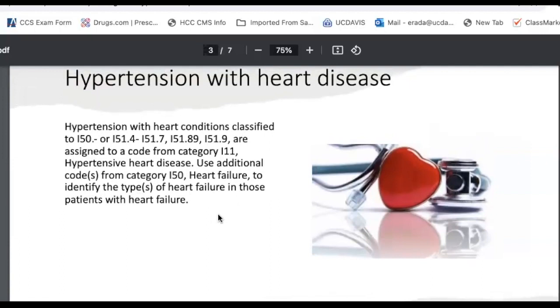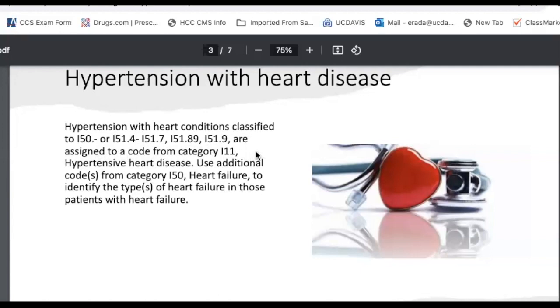What this means, guys, is that any heart condition whose code starts with I50, I51.4, I51.7, I51.89, I51.9 is assigned to a code from category I11, which means that instead of assigning the basic I10 code for hypertension, you are now assigning I11.